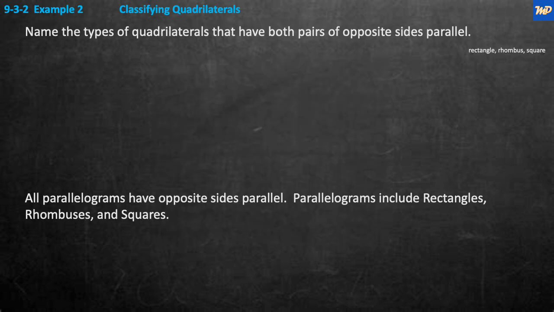Example 2, classifying quadrilaterals. Name the types of quadrilaterals that have both pairs of opposite sides parallel.